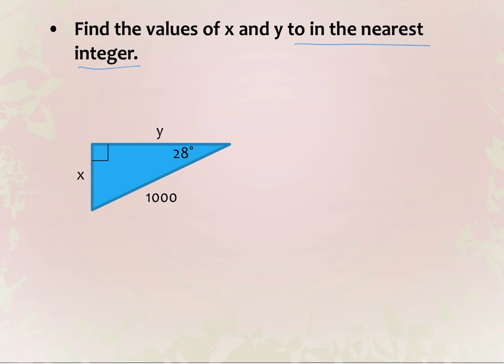All right, so we've got a right triangle set up here, okay? And we're given an angle, and we need to figure out how we can use that angle to figure out x and y. Well, let's look at the 28 degrees as the angle, and let's go opposite that angle.